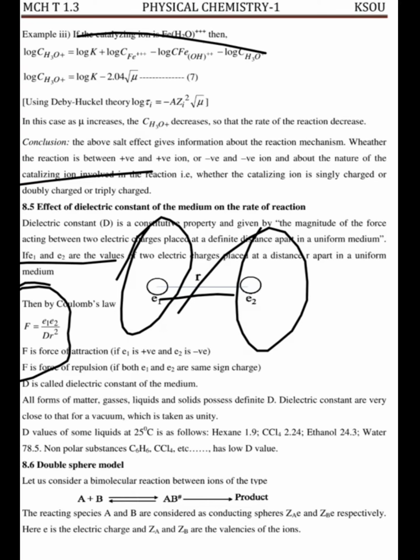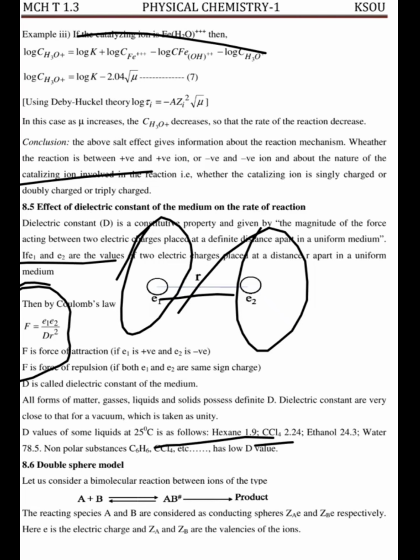So the D value of some liquids at 25 degrees is as follows. For example, the dielectric constant at 25 degrees for hexane is 1.9, carbon tetrachloride is 2.24, and ethanol is 24.3.